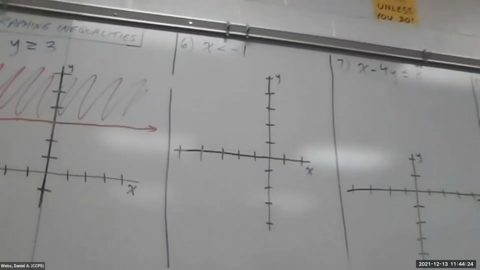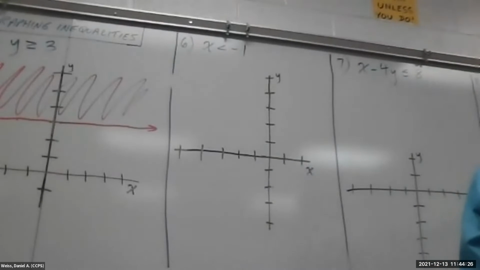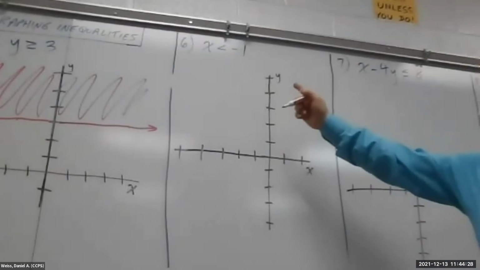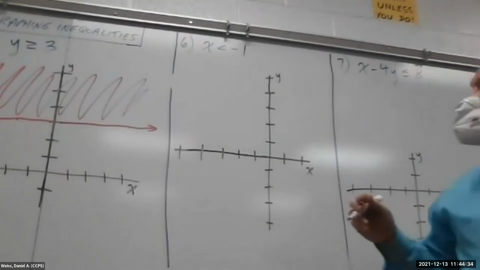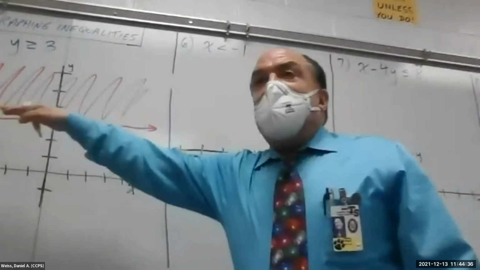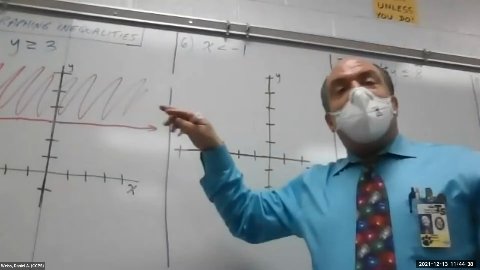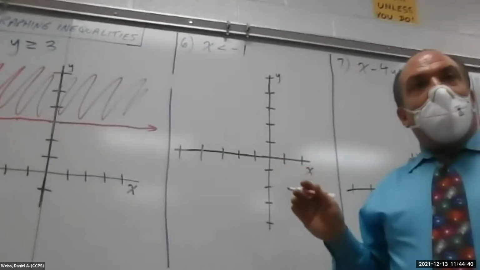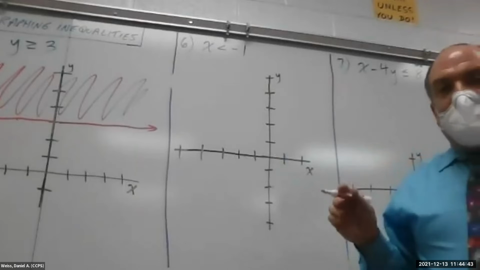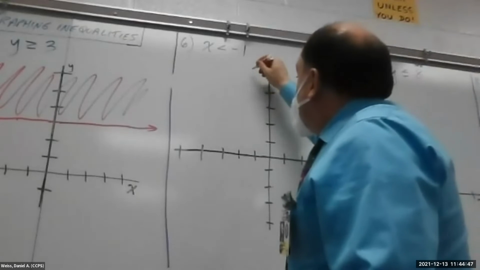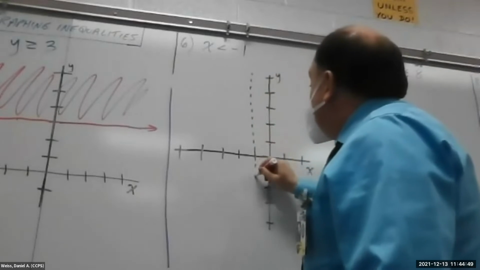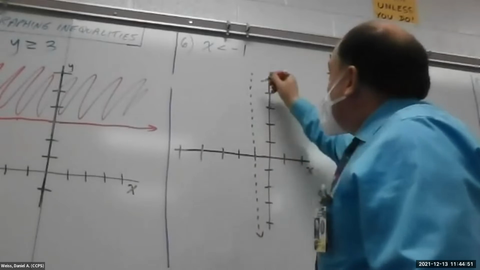How about x is less than negative 1? Do you remember how to graph x equals negative 1? Remember, if y equals goes across, how does x equals go? Up and down, thank you, Malik, right? So at negative 1, we go up and down. And it's a dashed line. Why is it a dashed line?